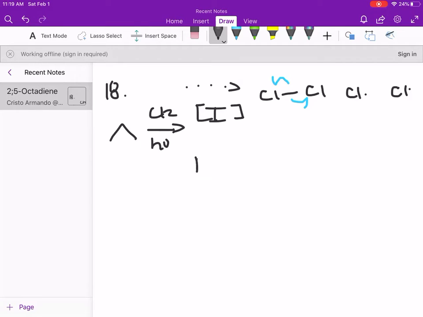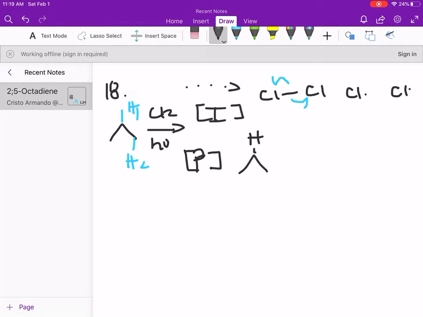So for our next step, called propagation, what's going to happen is that you have this propyl molecule and you have different hydrogens right here. You have hydrogen number 1 and number 2. So chlorine is non-selective, so we can honestly pick out any of these hydrogens. So let's choose hydrogen number 1.